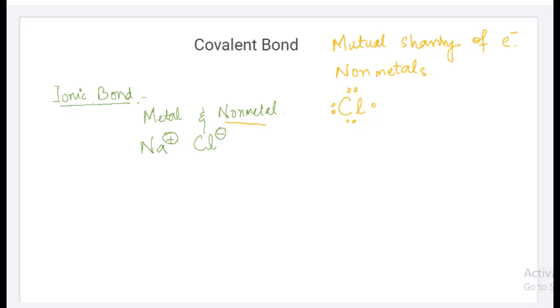Now this chlorine wants to achieve how many electrons? Why? Yes, to complete its octet, right, of 8 electrons. So it needs 1 electron. Now there is another chlorine atom.